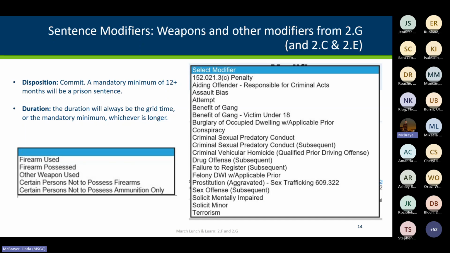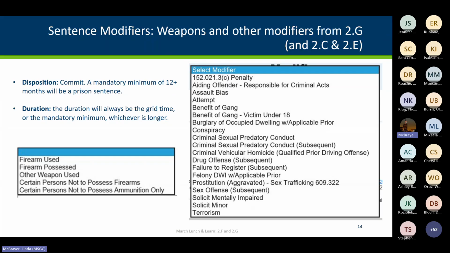So I thought, why don't we just talk about these in terms of how they modify a sentence, as opposed to the idea that they are all modifiers under 2G. Some of these live in 2C and 2E. So we're just going to talk about weapons, and then we're going to talk about a few of the more common modifiers.